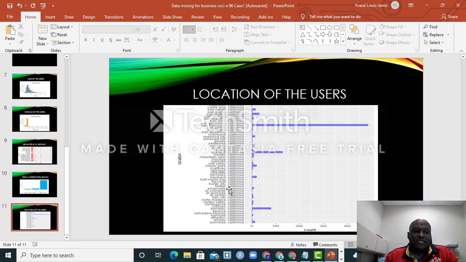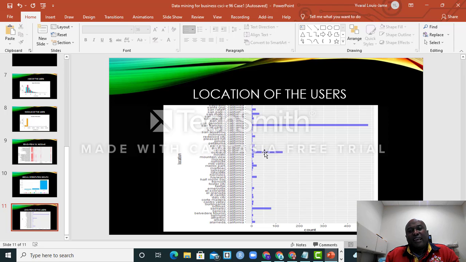And next, I looked at the location of the users. As you may see, around San Francisco, California, this is where we got most of the users. And I would say California in general holds most of the users. But around San Francisco, that's where we get the peak.